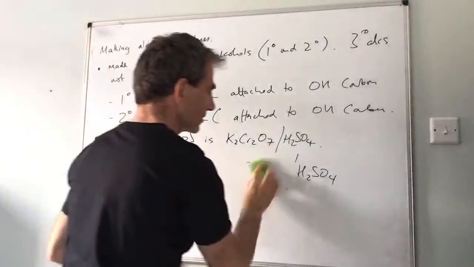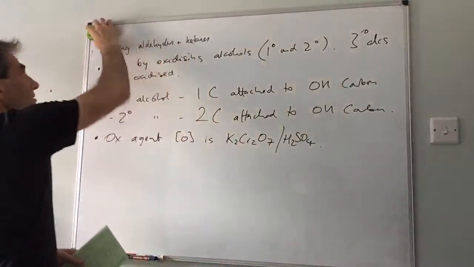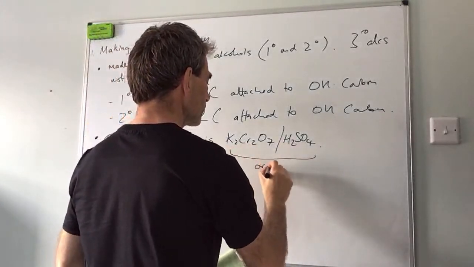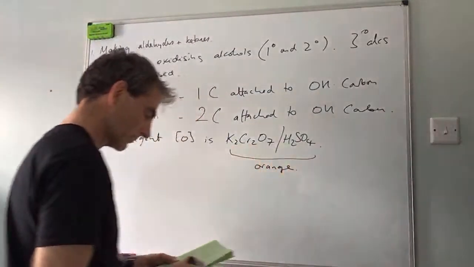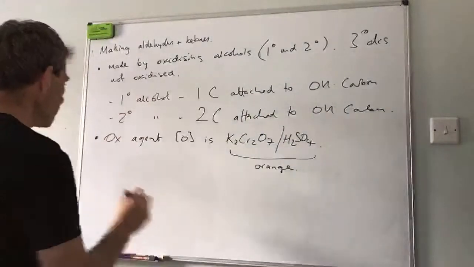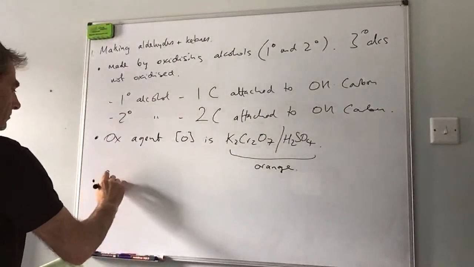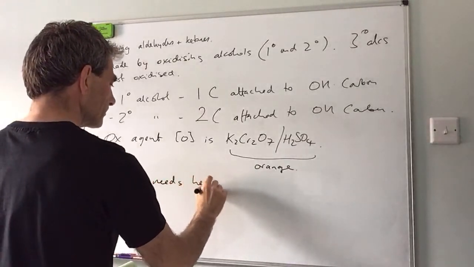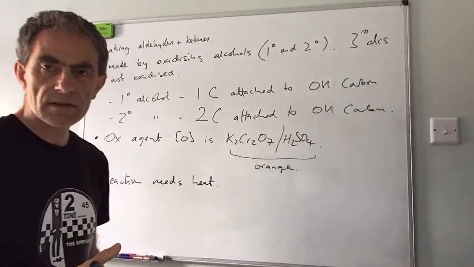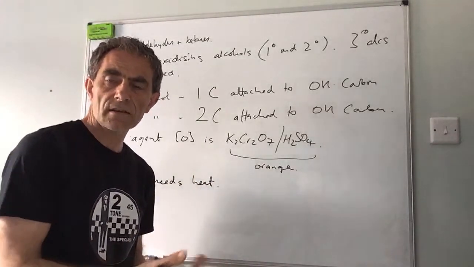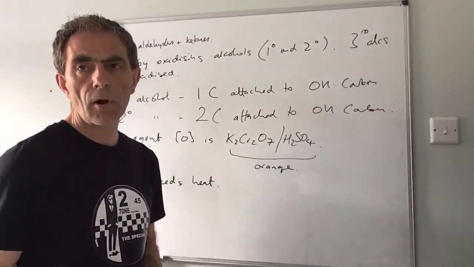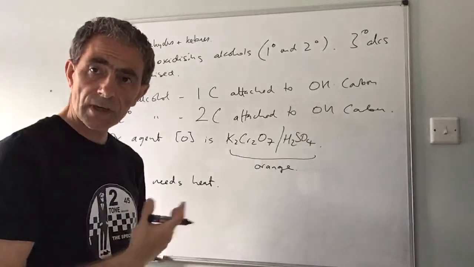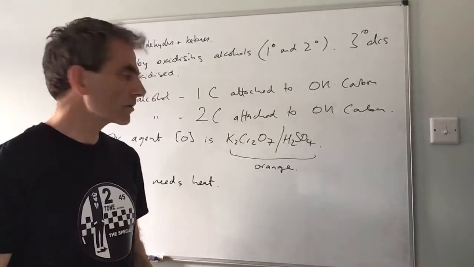It's worth noting here that this chemical is orange in colour. The reaction needs heat. You could actually do this in a test tube just with a source of heat, such as a boiling hot water bath. We sometimes do it on a test tube scale in the lab just as a quick test for a functional group.